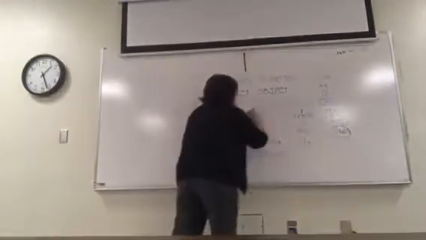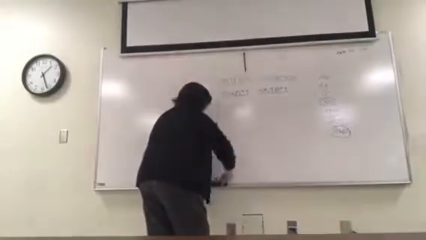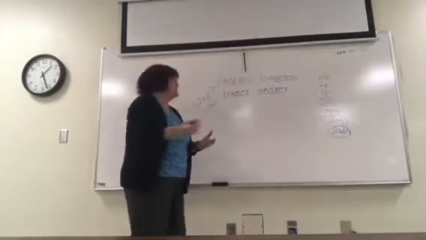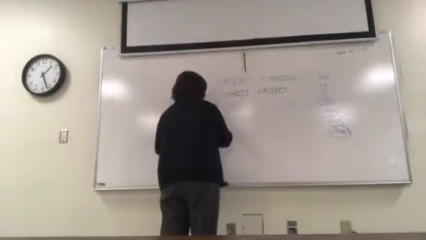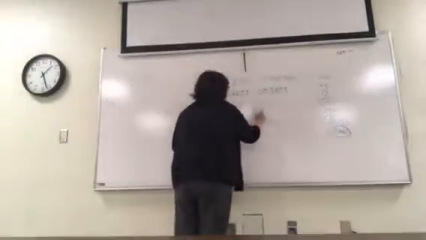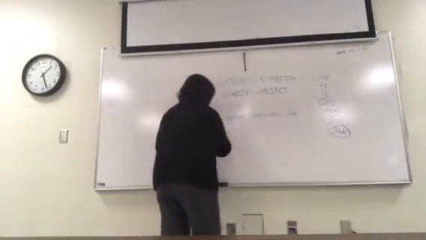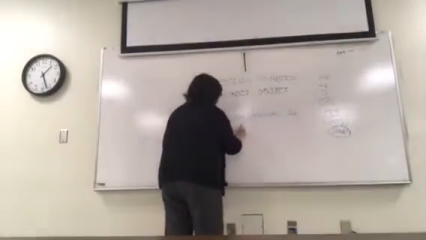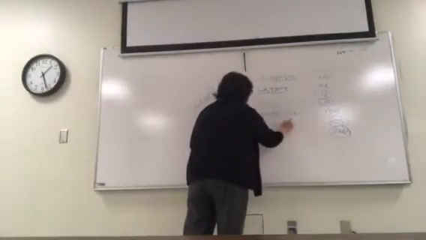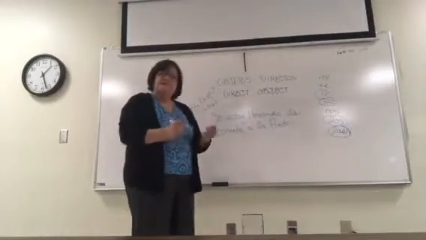And lastly, I can also use my object pronoun when I'm using a progressive tense. For example, yo estoy llevando la comida a la fiesta. Yo estoy llevando la comida a la fiesta.